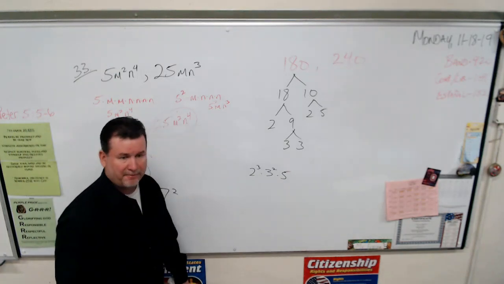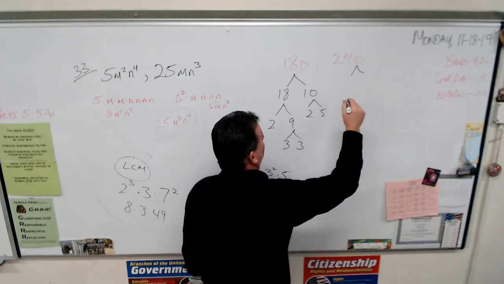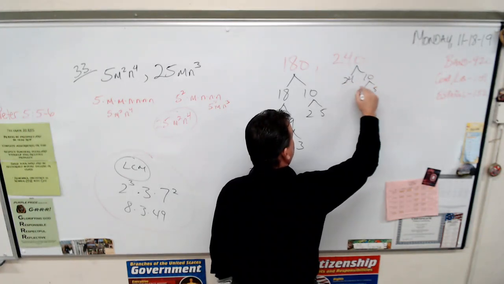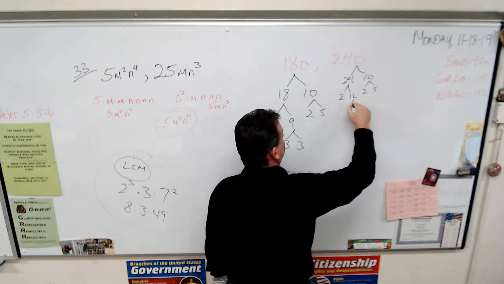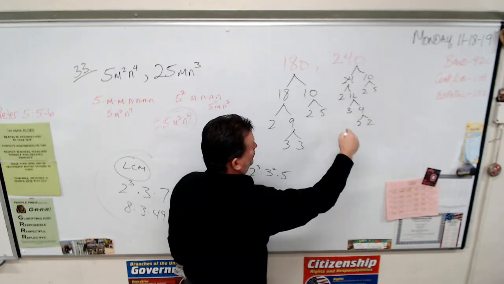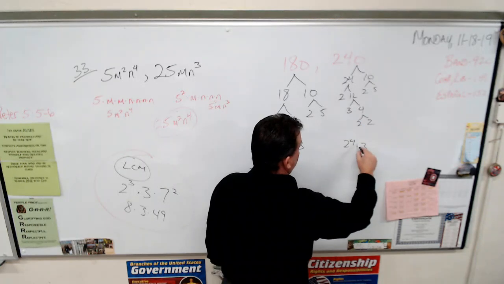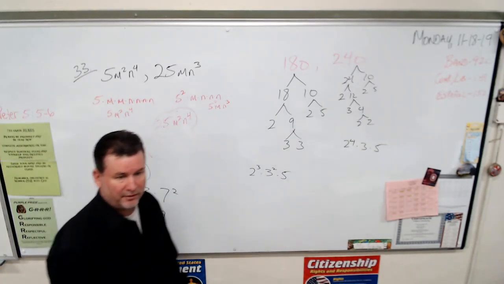You with me? Yeah. For 240, we'll start with 24 times 10. One, two, three, 2 to the 4th times 3 times 5. You agree with that?